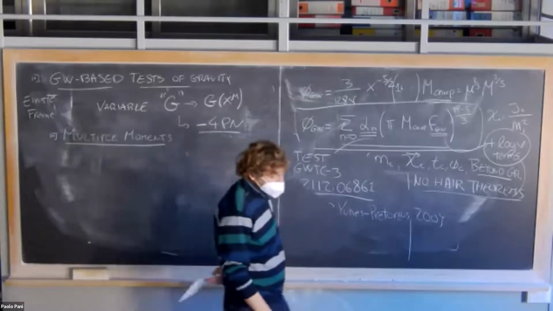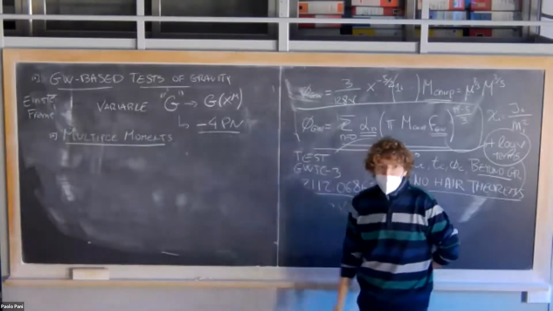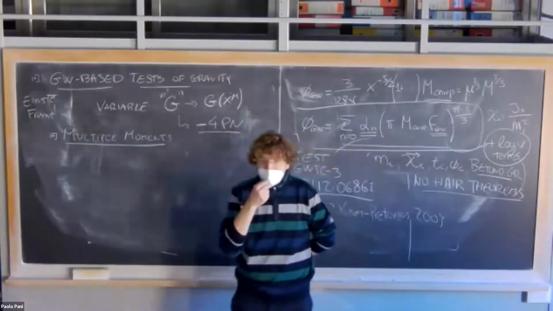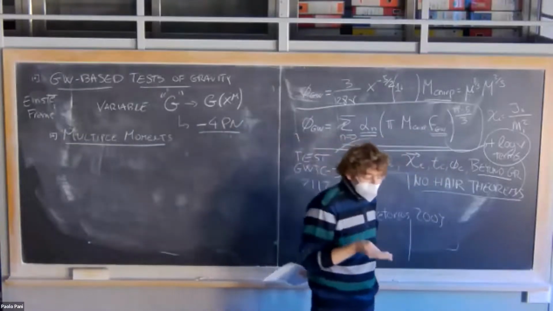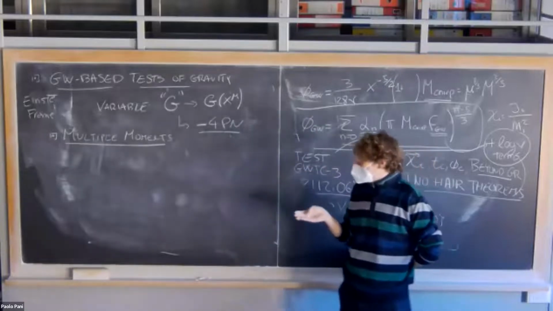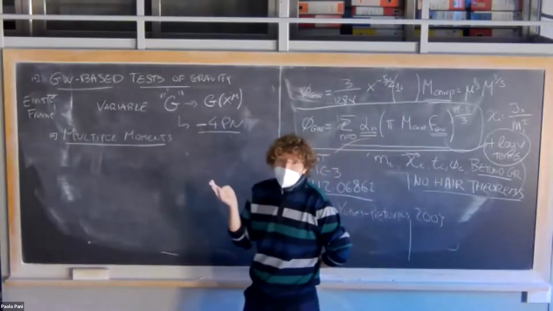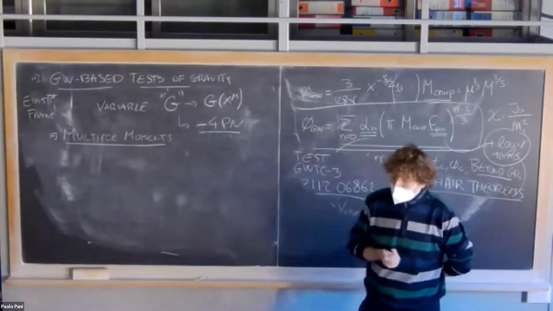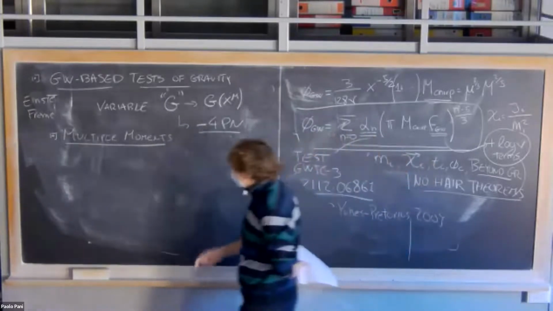The idea here is both simple and powerful, because we know that in GR there are uniqueness theorems that tell us that black holes are uniquely determined in terms of mass and spin, and uniquely described in terms of the Kerr metric.